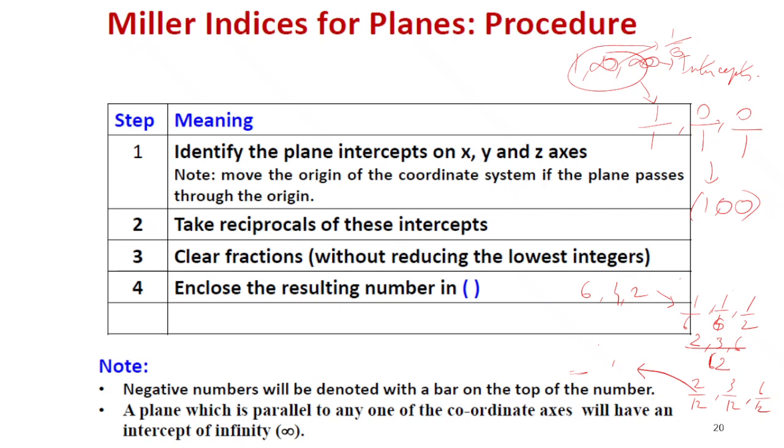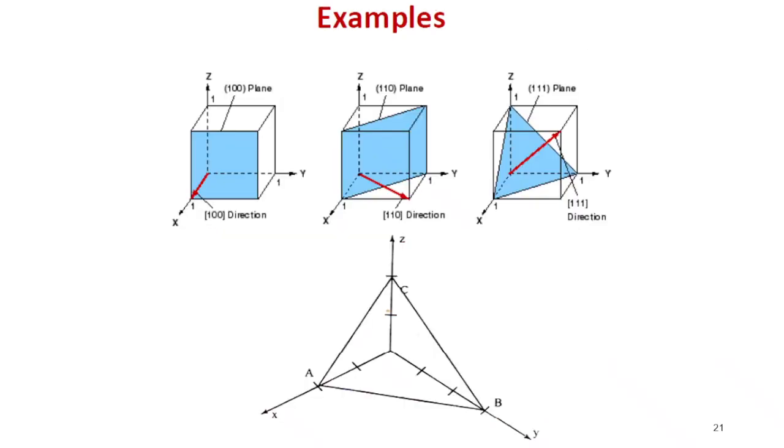Wait, first we'll go to the problems. So okay, here are some example problems. What is given is that we have three planes. Here it is the 100 plane, right?